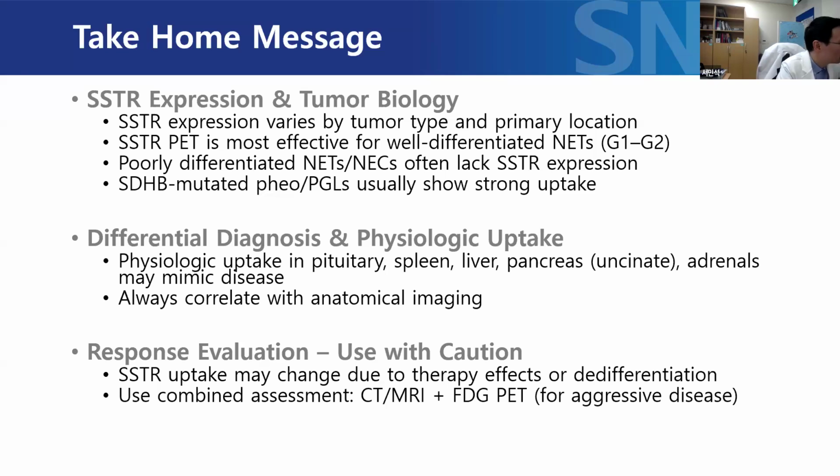However, because poorly differentiated NET or neuroendocrine carcinoma lack SSTR expression, FDG PET might be helpful in these cases. And such expression might also differ according to the mutation status. And in the pheochromocytoma or paraganglioma, it has been known that SDHx mutation has high correlation with strong uptake of SSTR.